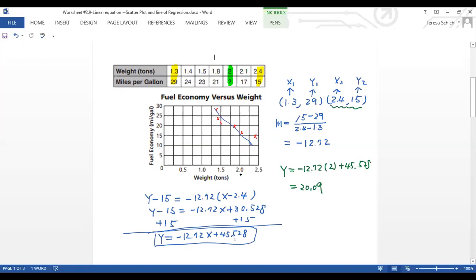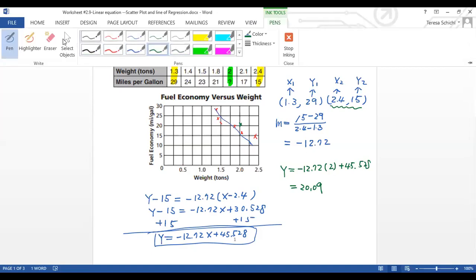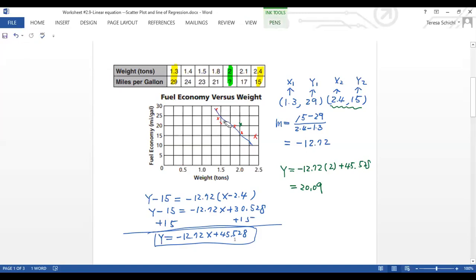Okay, so in here, for 20s, my estimate is 20.09. So that means in here, 20.09, this one's here, right? By using this line. So I know my line probably will not fit here.